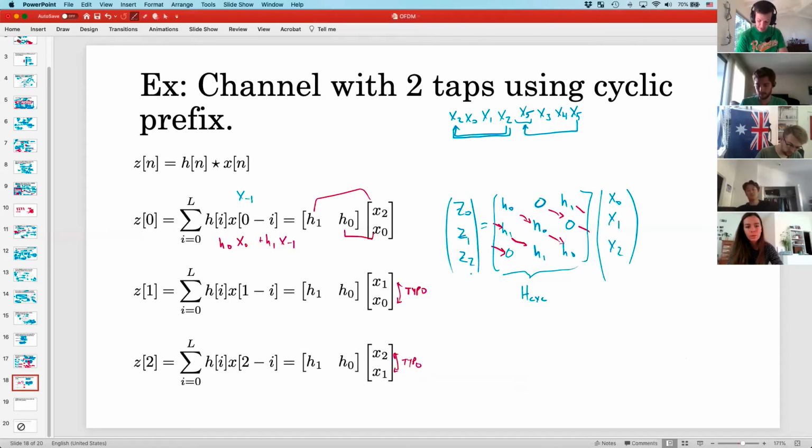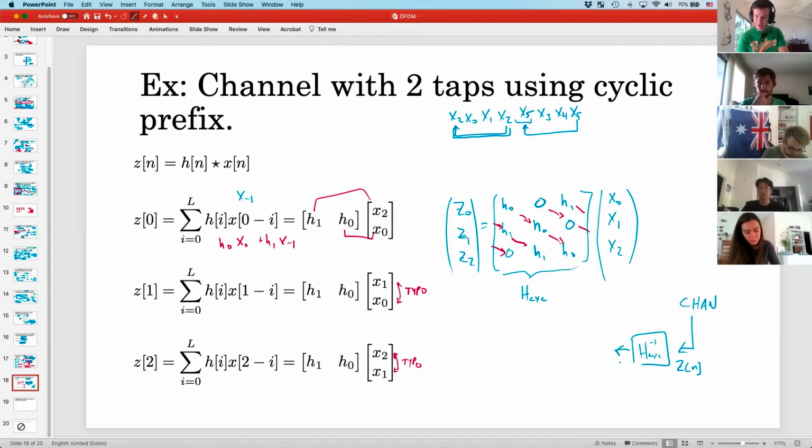And so what you'd like to do at your receiver is, remember, we're getting these Z's coming in from the channel. And what would be really nice is we could do some kind of H cyclic inverse on them.